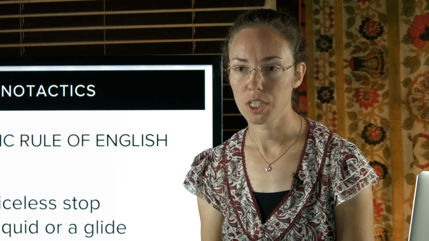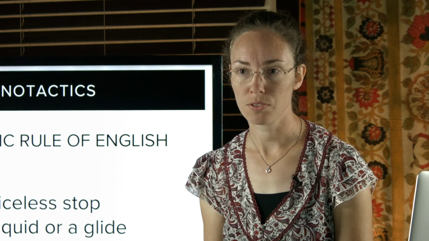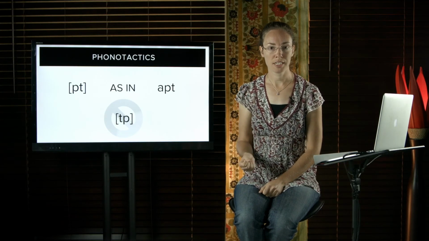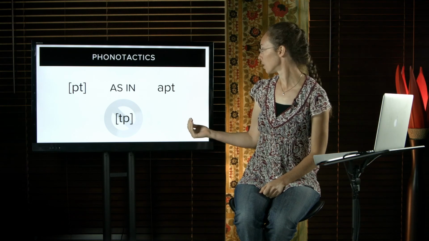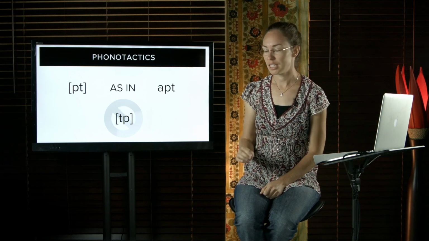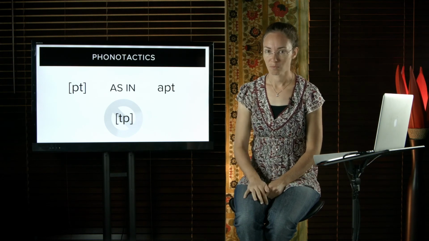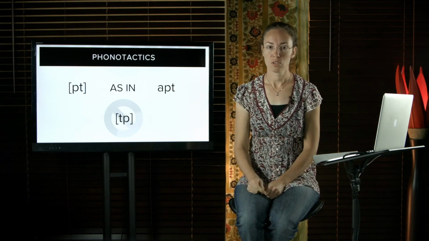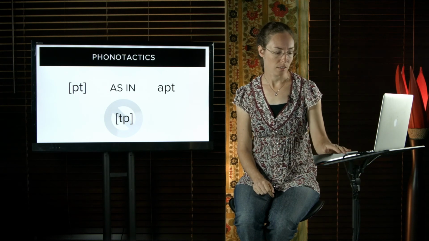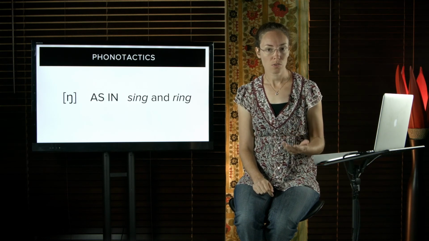There are also restrictions about what can appear in the codas of syllables. For example, in English, a syllable can end in the sequence pt, as in apt, but they cannot end in the sequence t. Also, there are interesting rules about where certain sounds can occur. So the velar nasal is not a rare sound in English.